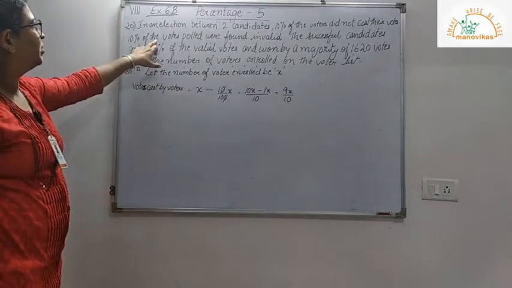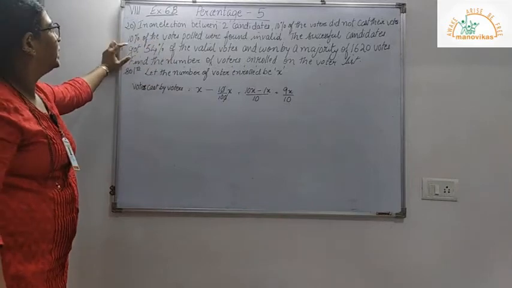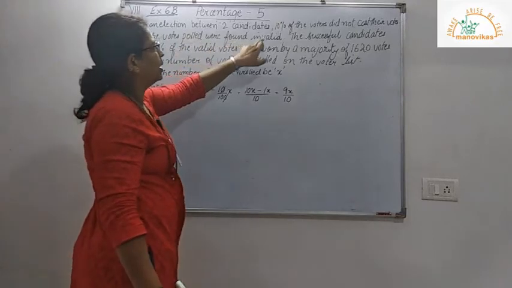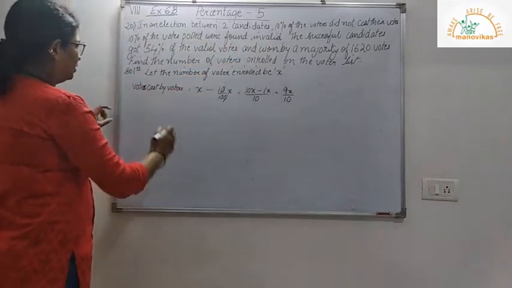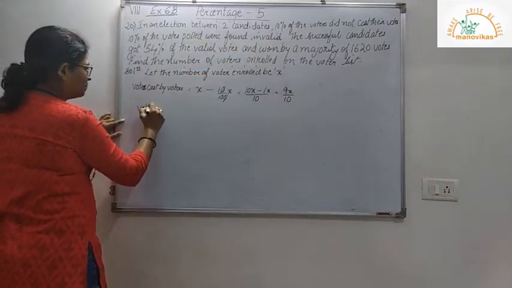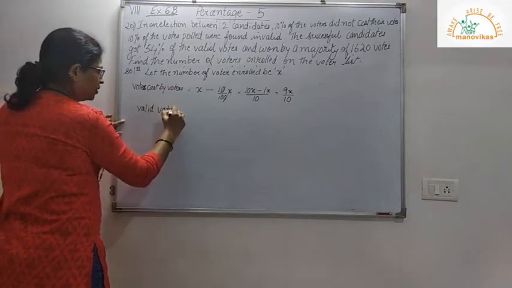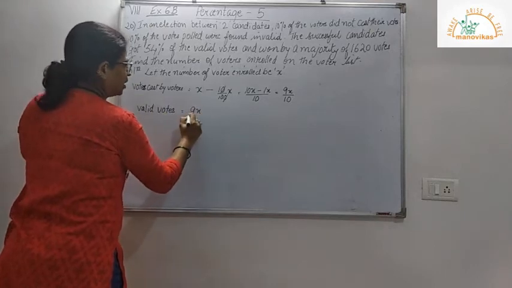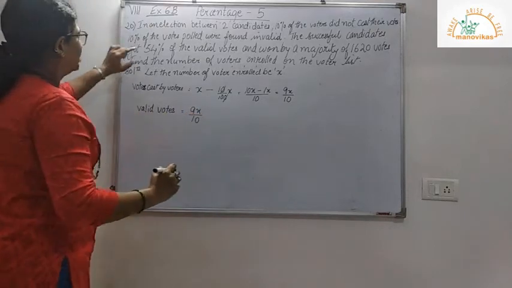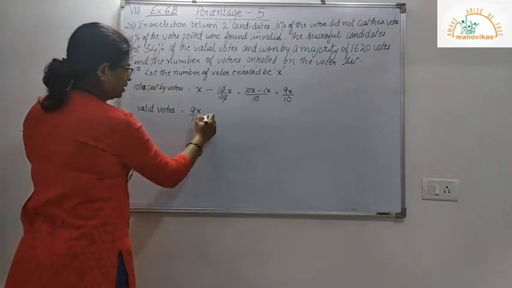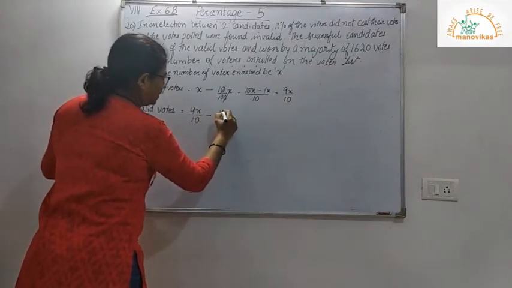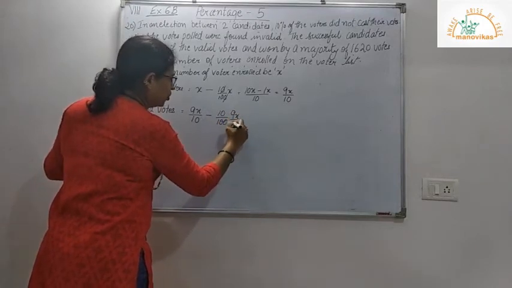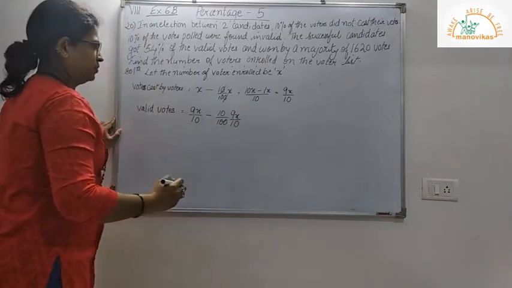Now in the second statement, what they have said here, that 10% of the votes polled were found invalid, right? Therefore, the valid votes is, that is 9x upon 10. So 10% of this, that is 10% of 9x upon 10.